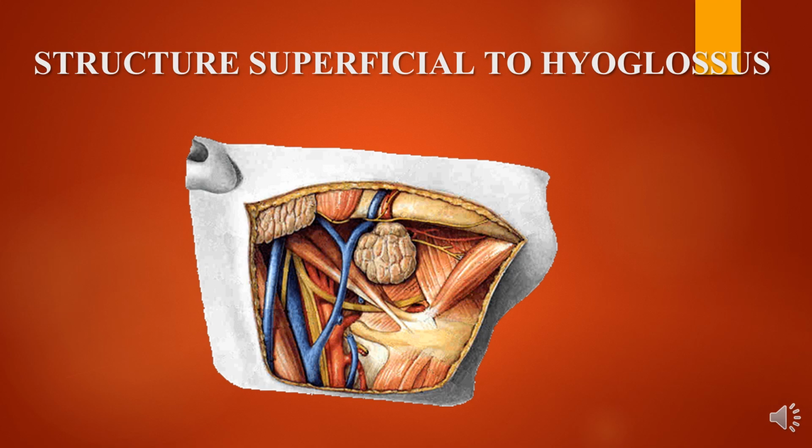Here, in the submandibular salivary gland, we know the superficial part is above the mylohyoid, and the deep part is below the mylohyoid. It is engulfing the muscle. So these two questions are of high importance, spotter questions: structures lying superficial to mylohyoid and structures superficial to hyoglossus muscle.